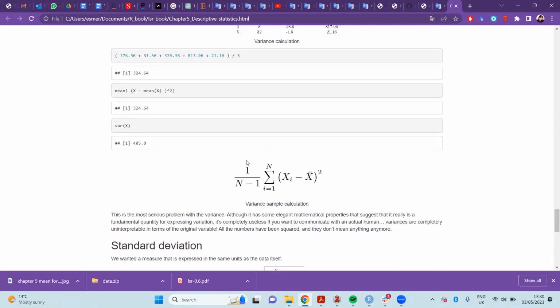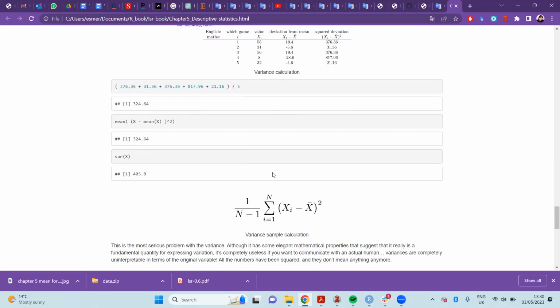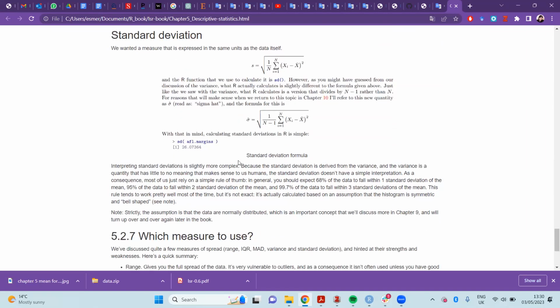The author says that the variance has many mathematically valuable properties, which are not discussed in the book, and is used more by statisticians or mathematicians, but for more common applications it is more usual to use the standard deviation.